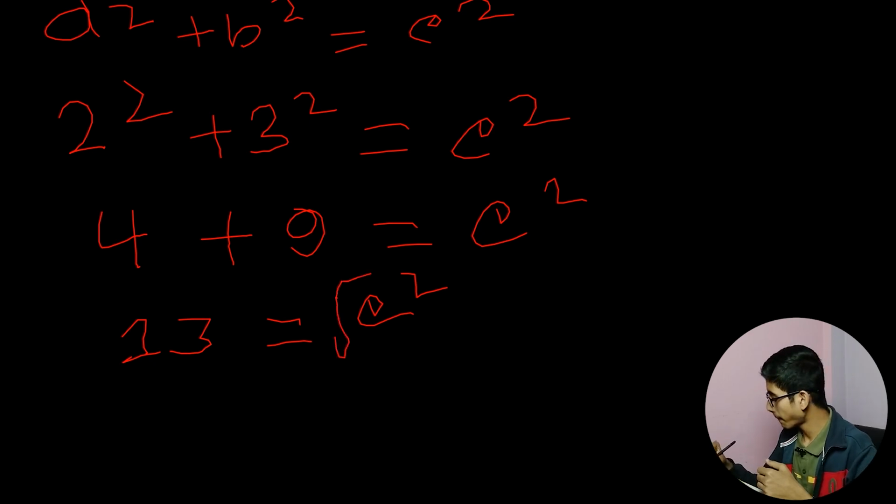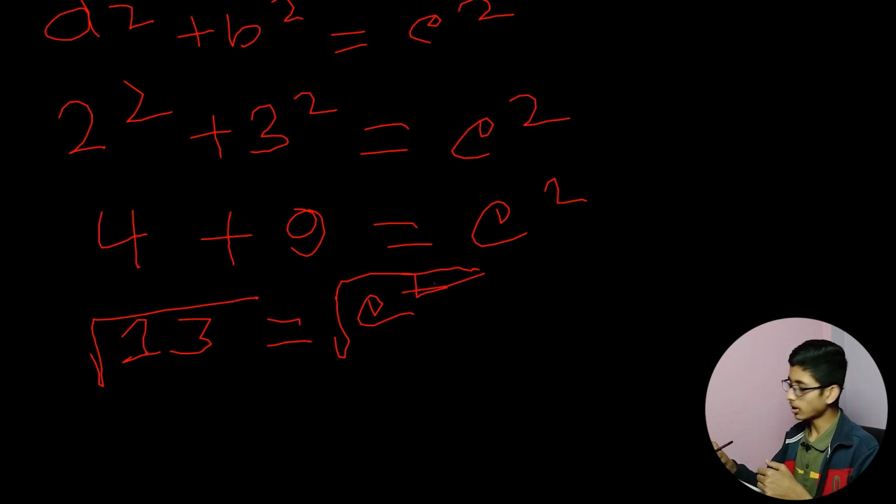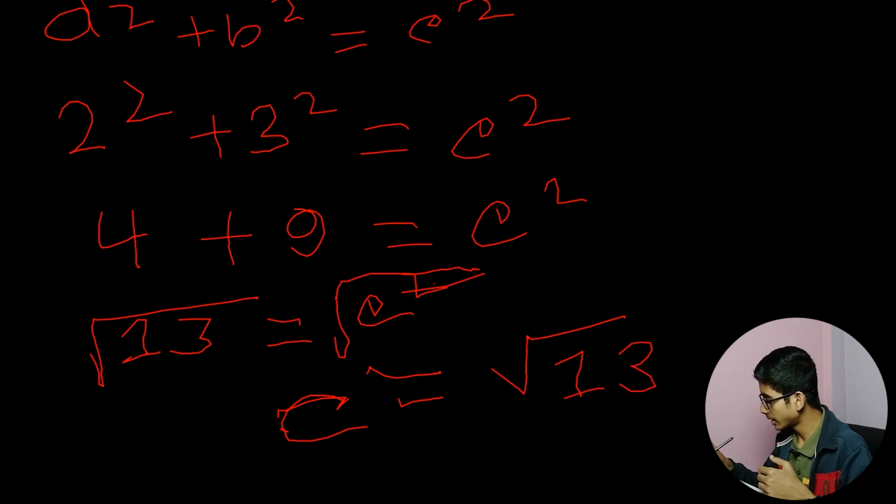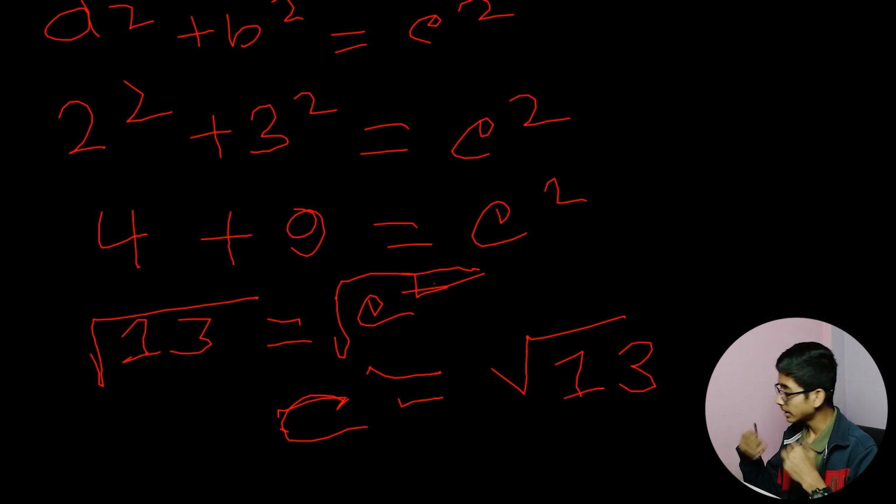Or if we add a root here, then the square vanishes and the final result will be c is equal to root 13. That means the hypotenuse is root 13.